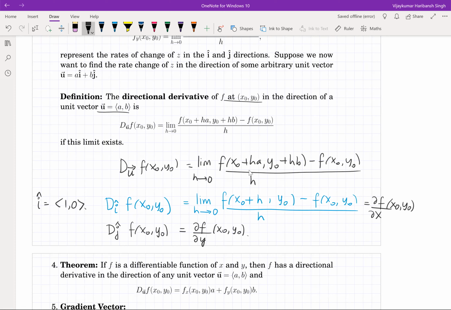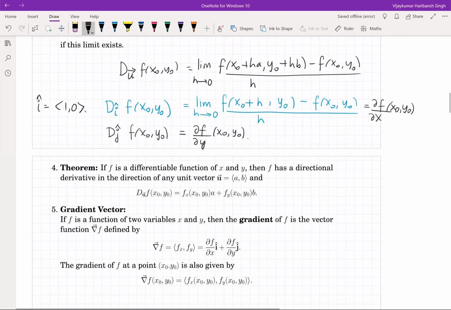But then the next question is, how do we compute such an object? Computing the partial derivative with respect to x and with respect to y was easy, in the sense that you kept one variable constant and differentiated with respect to the other. Is there a way to make this computation easy for directional derivatives? The answer is yes.